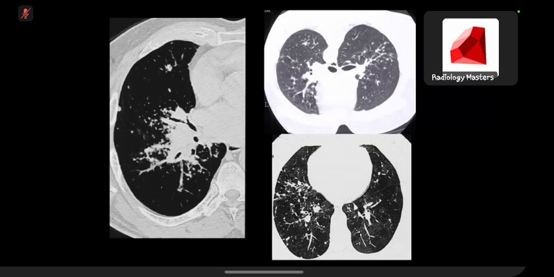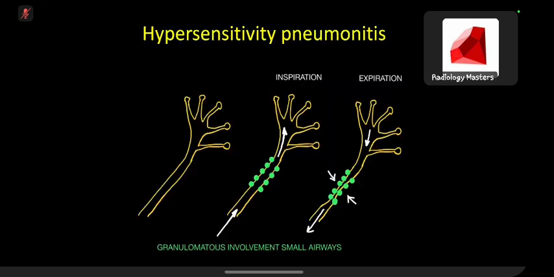And you can actually get this mosaic attenuation with sarcoidosis as well, because sarcoidosis, a bit like hypersensitivity pneumonitis, will give you granulomas of the bronchial wall as well as the bronchovascular bundles.